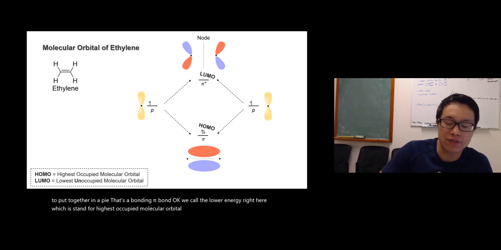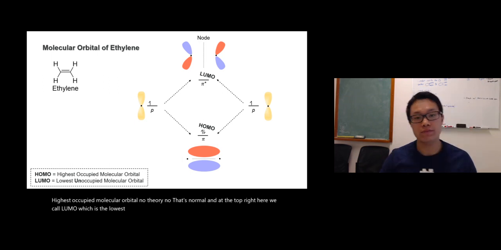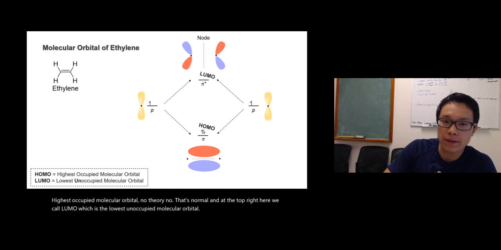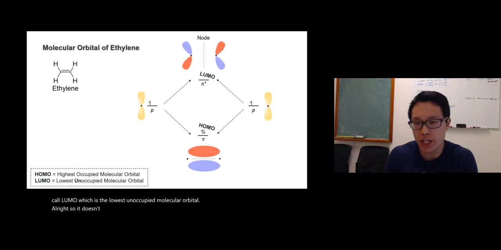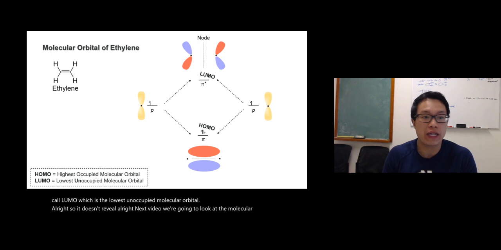The highest occupied molecular orbital, that's HOMO. And at the top right here, we call it LUMO, which is the lowest unoccupied molecular orbital. So just review. Next video, we're going to look at the molecular orbitals of a conjugated pi system.